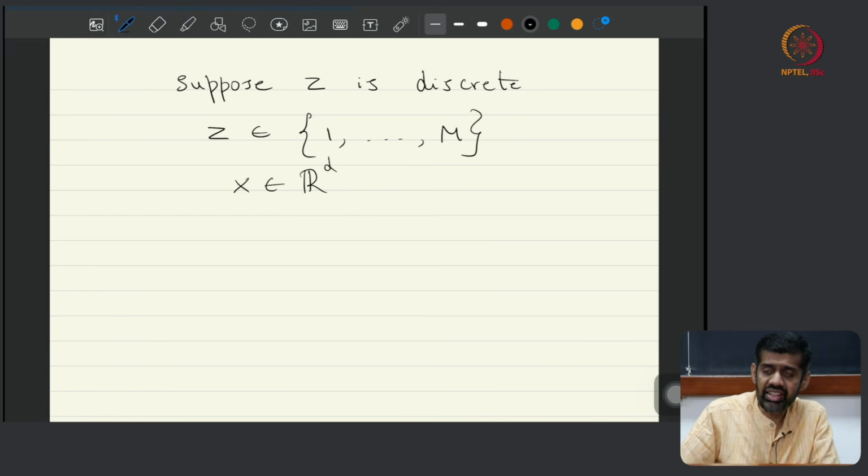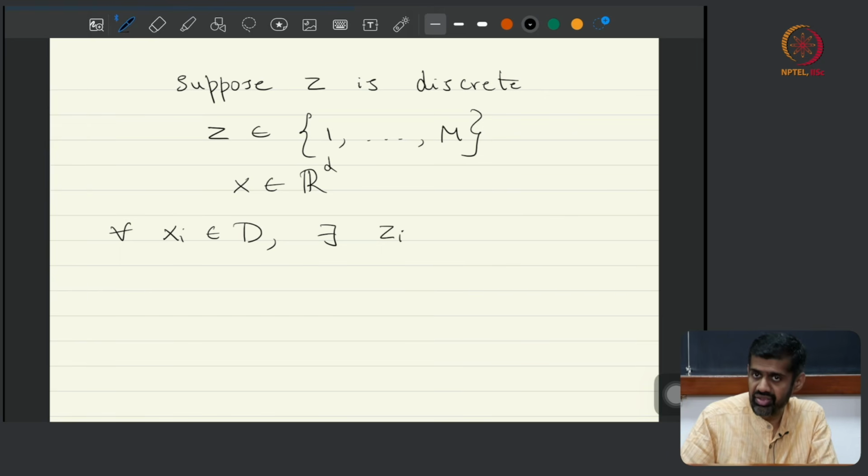Now, I said in a latent variable model we associate one z corresponding to each x, correct. So, for each xi in D, there exists a zi. Now, in the case of a discrete random variable, suppose we construct a latent variable model and get one particular discrete value of z for each xi, what do you get after you do this exercise?